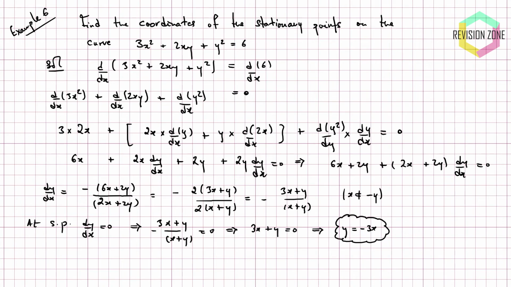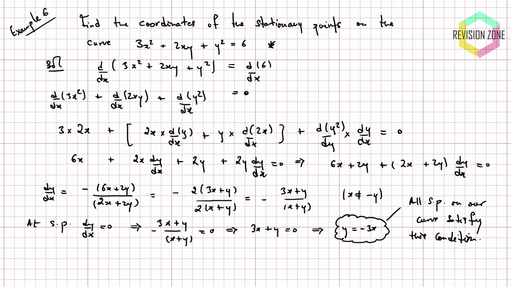So all stationary points on our curve satisfy this condition. But obviously, the other thing to keep in mind is all stationary points on our curve also satisfy the equation of the curve right at the top, right? So what can we do?